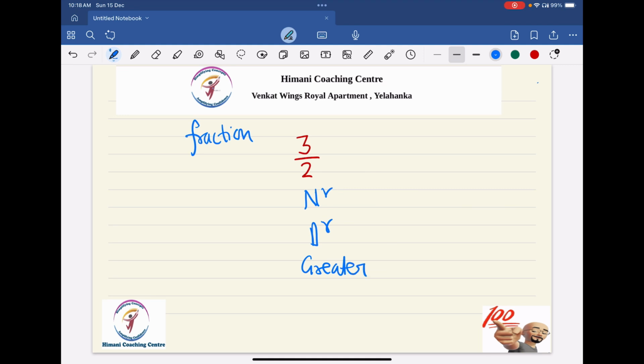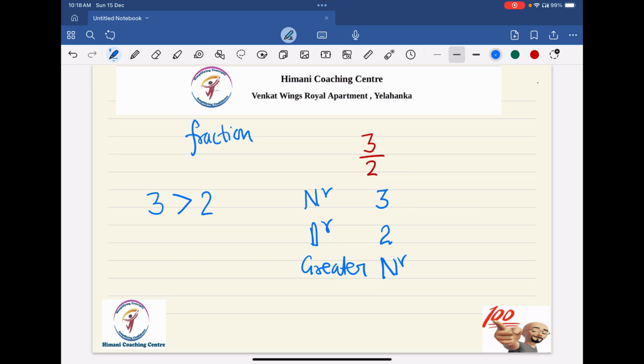The numerator here is 3, the denominator is 2. Let us shift this here so that we make a table like this. In the fraction 3 by 2, the numerator is 3, the denominator is 2, and which is greater here? Between 3 and 2, 3 is greater. So greater is the numerator.